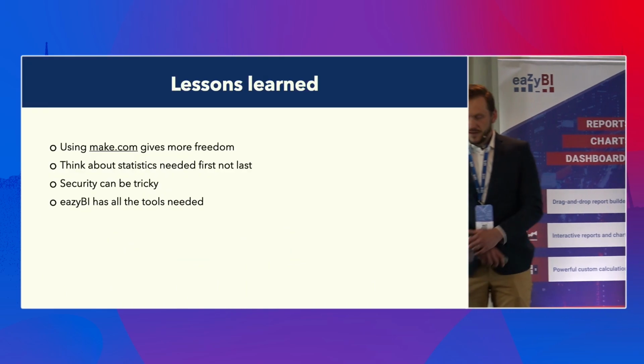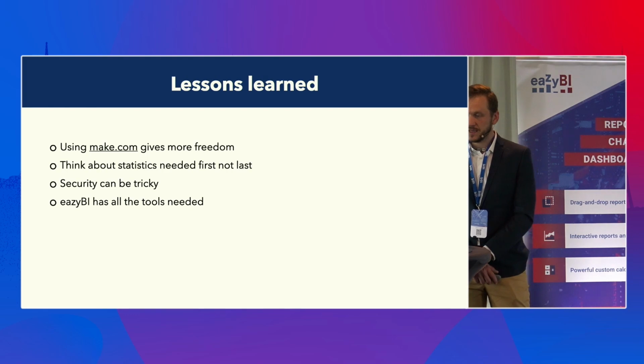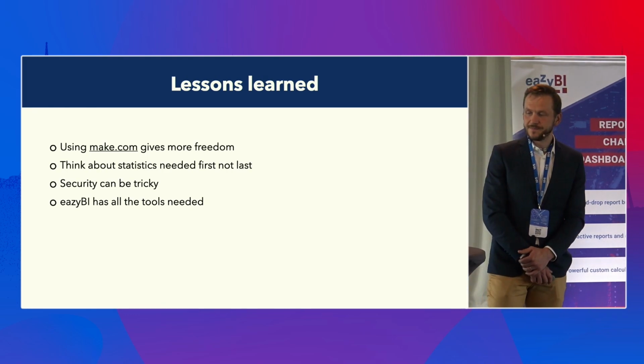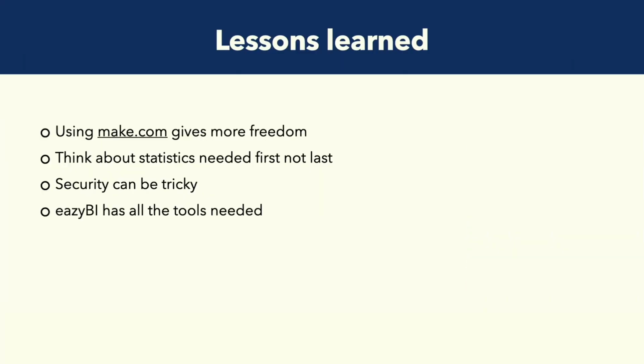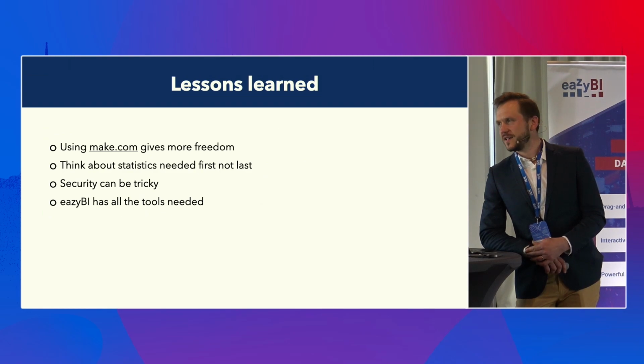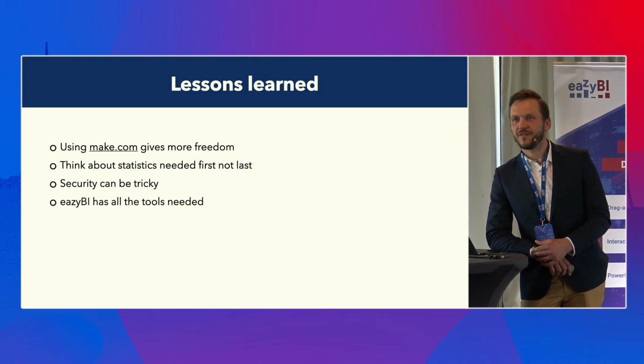So what are some of the lessons learned? That using make.com is a very good idea. More and more I see that in the IT world, there are even some tools that don't offer a REST API anymore.